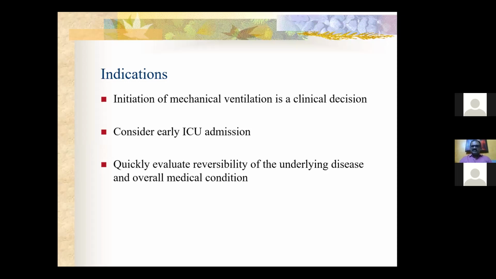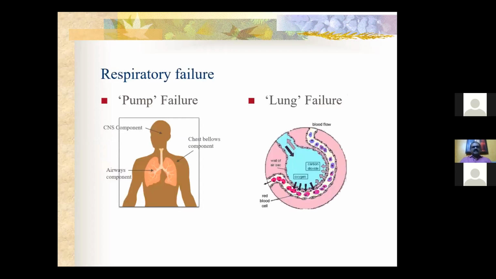So basically, the patient has to be in an ICU if you clinically think that the patient might need ventilation. There can be two types of respiratory failure. One is pump failure, where the muscles, CNS component or the airway component is involved.